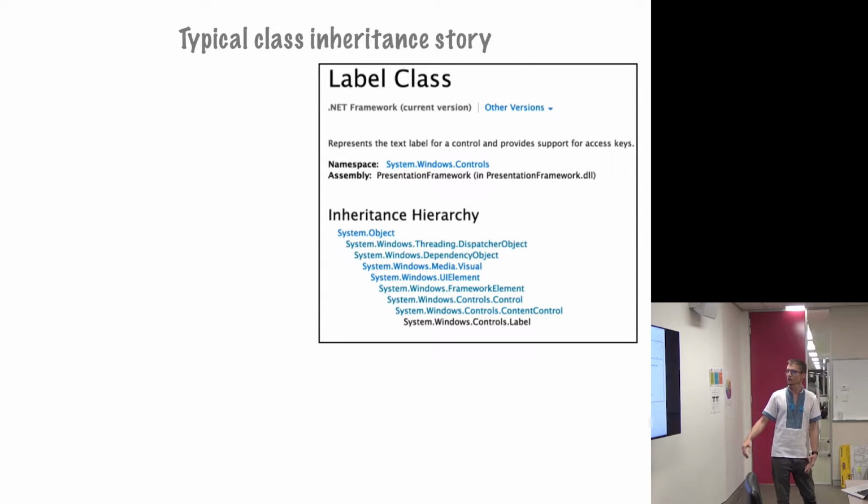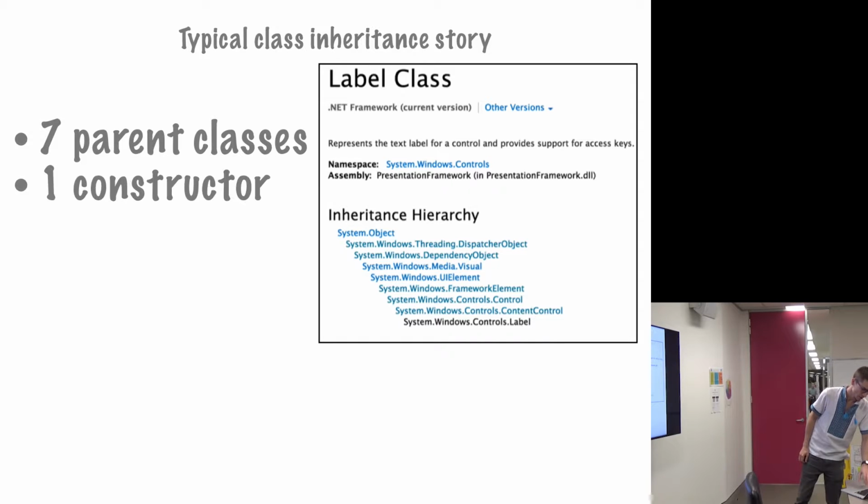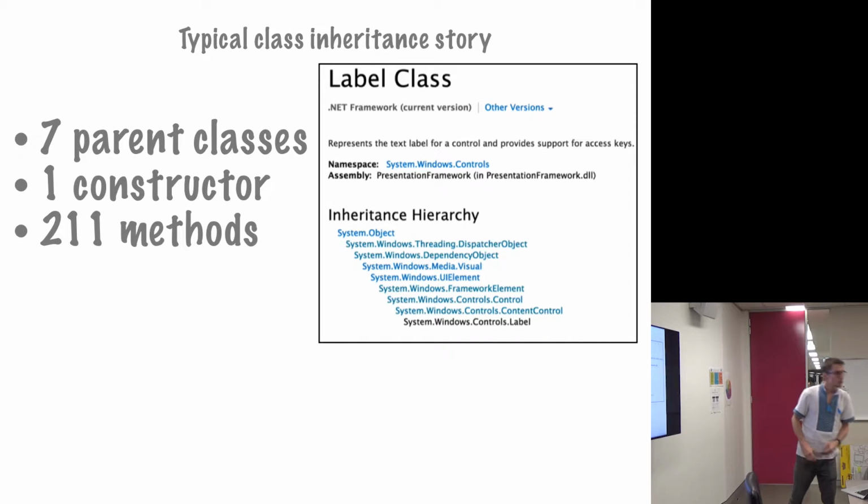What do you do in order to just write some text in .NET? You use this label class, which already has 7 parent classes. Okay, it's a design choice. 1 constructor. 211 methods. I went to MSDN and counted them all.